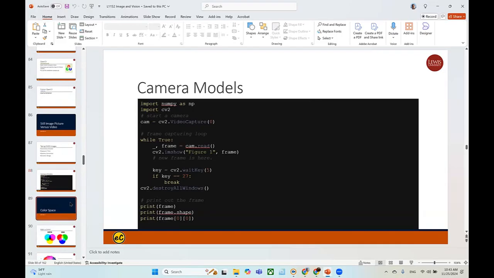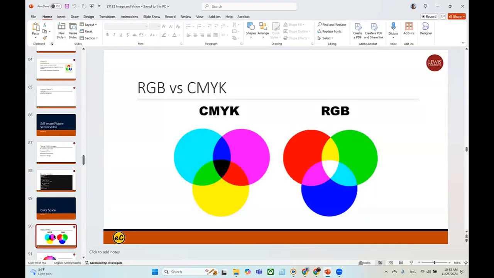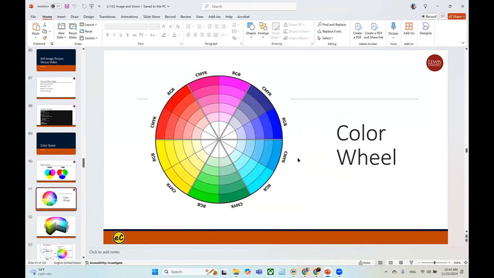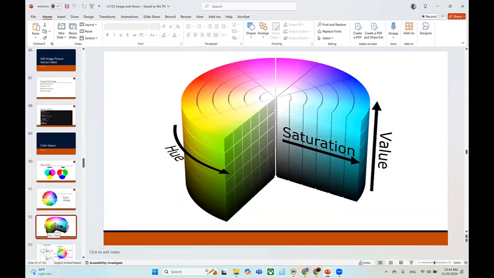So here is a simple look at color space. Usually you have the RGB color space and the CMYK color space. RGB usually is used for monitors. CMYK is for printers. And then you can have the color wheel, and the HSV model as well.